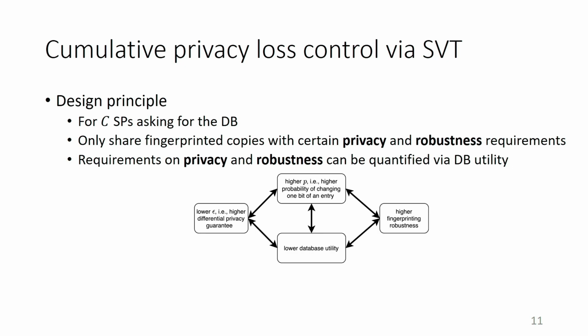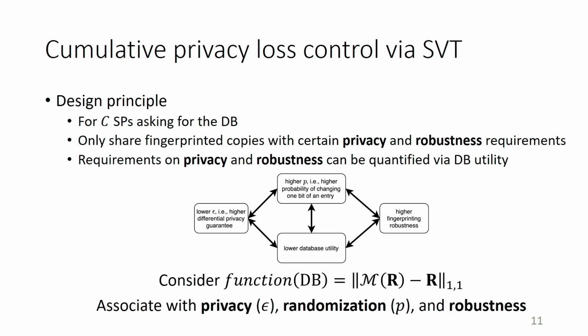You can go from the database utility to your desired privacy and robustness guarantee. In particular, we consider this randomized function, which is the difference between the fingerprinted database and the original database. This matrix 1-1 norm is just a summation of all the absolute values in the matrix. And you can build the connection between this function and your privacy budget epsilon, the randomization probability p, and the fingerprint robustness against different types of attacks.